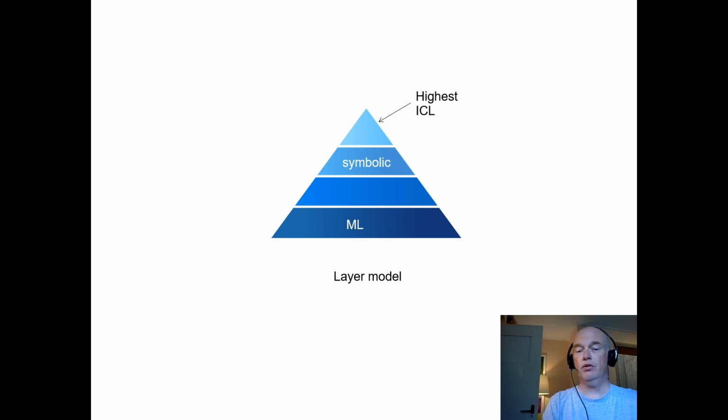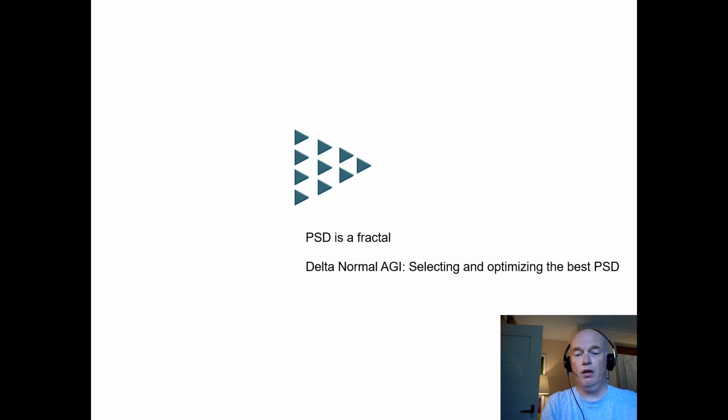And this total is of course then a layered model. The PSD is a fractal, so a total PSD can be made up of smaller PSDs, and the delta normal AGI is all about selecting and optimizing the best PSDs.